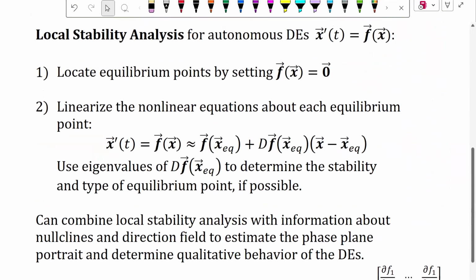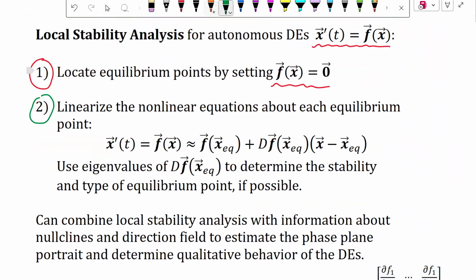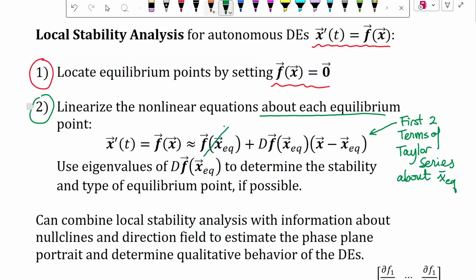If we have an autonomous differential equation system, x prime equals f of x, we are going to locate the equilibrium points by setting the right-hand side to 0, and then we linearize the nonlinear equations about each equilibrium point, where essentially we are taking the first two terms of the Taylor series expansion.